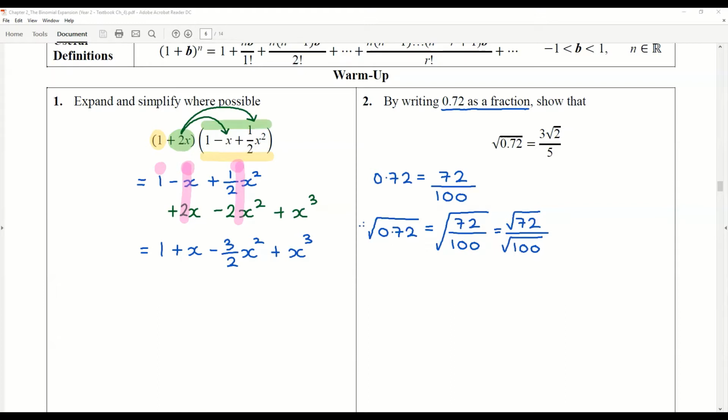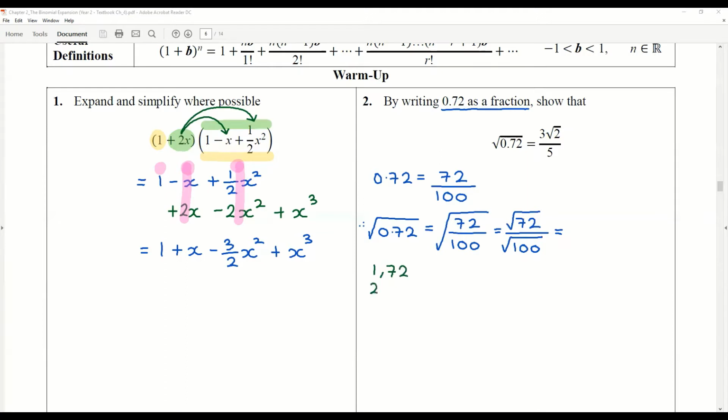Okay, now the square root of 72, I'd like to simplify that if I could. So let's think of factors of 72. If you're not confident with this, we want to find a square number that is a factor of 72. Okay, so we've got 1 and 72.